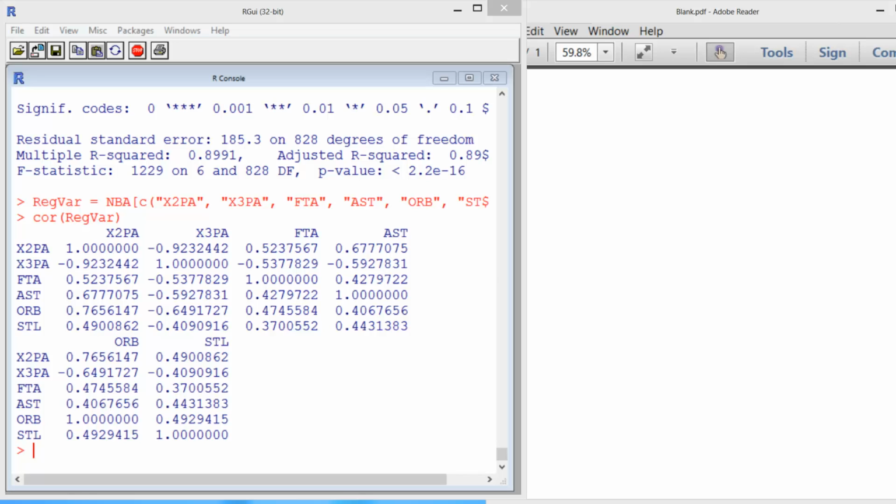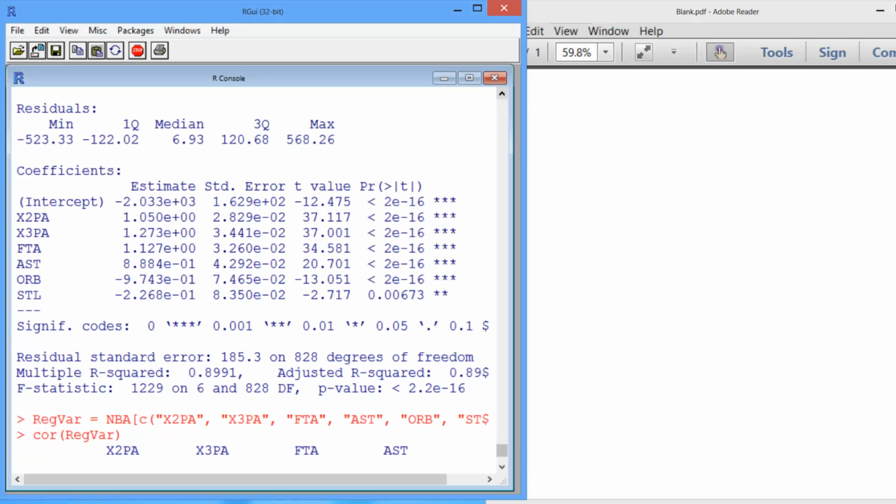So this means that we really can't interpret the coefficients in our model the way we were trying to do a minute ago. So when we were saying things like, oh, for every additional 2-pointer attempted, we estimate 1.05 more points, well, that's really not valid when all of the variables are correlated.